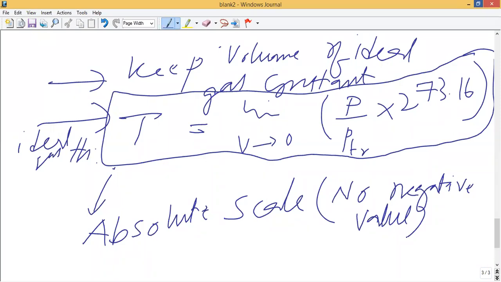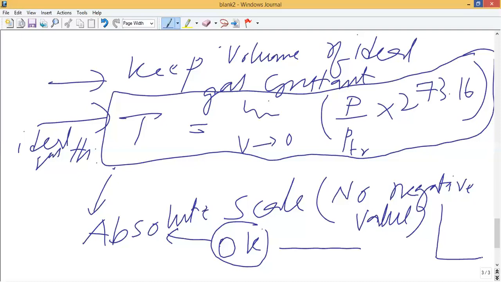It starts from 0 Kelvin value. Okay, so it has no upper limit. It has this zero because all gases have zero pressure and zero volume at this point. This means a hypothetical point. 0 Kelvin does not exist in real, but it is because all gases when their temperature is lowered.